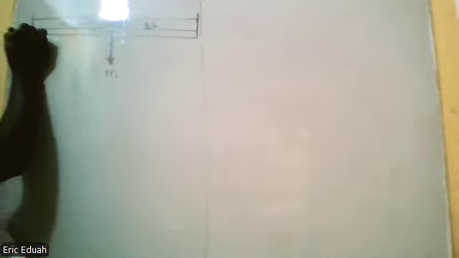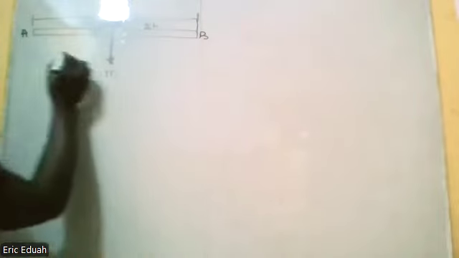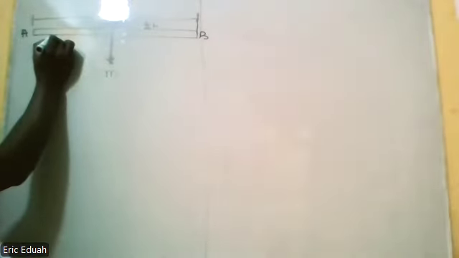Okay, so this is the first part of the information. A uniform stick AB of length L and mass M is balanced horizontally on a knife edge 10 centimeters from A. So this is A, B, and we have a knife edge which is 10 centimeters from A.